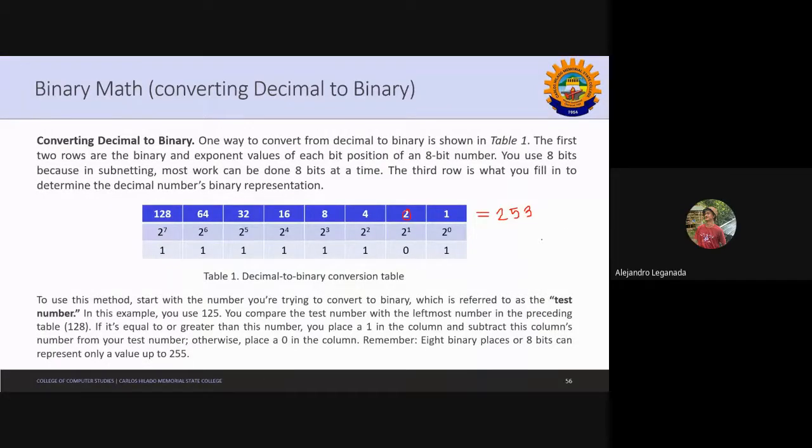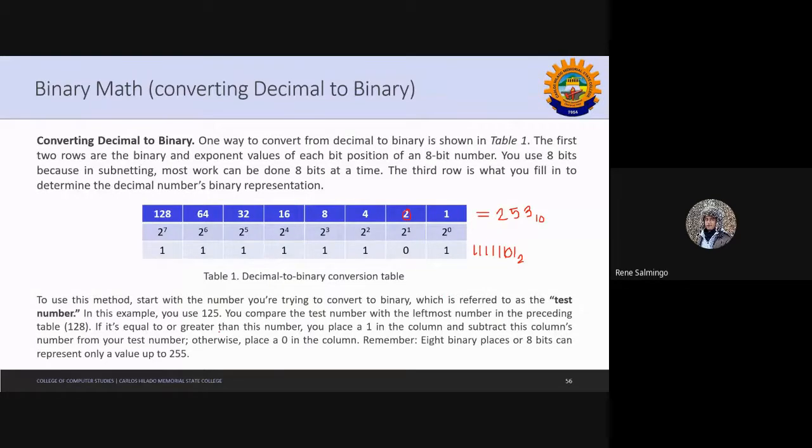If the binary value is 1, 1, 1, 1, 1, 1, 0, 1, this is binary, and this is decimal.